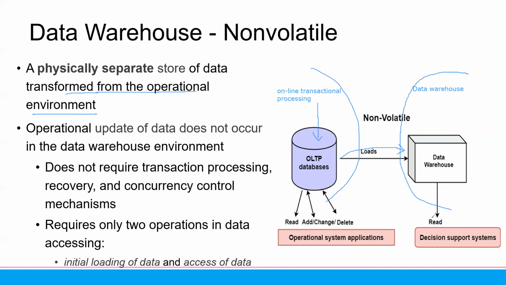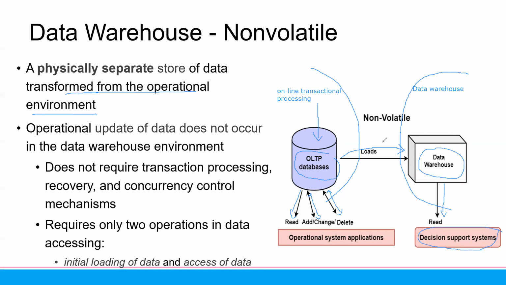Why? Because in the OLTP database, you can read. Okay. You can add, you can change, you can delete. But what about in the data warehouse? You can only read because it is for the decision support system. That's why people say that it's better to separate.